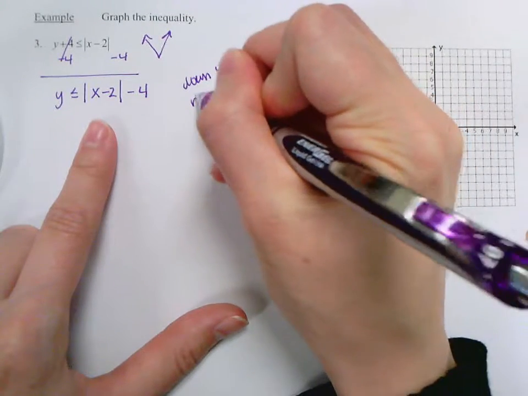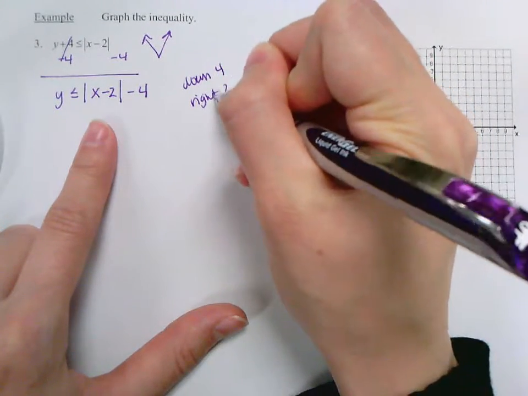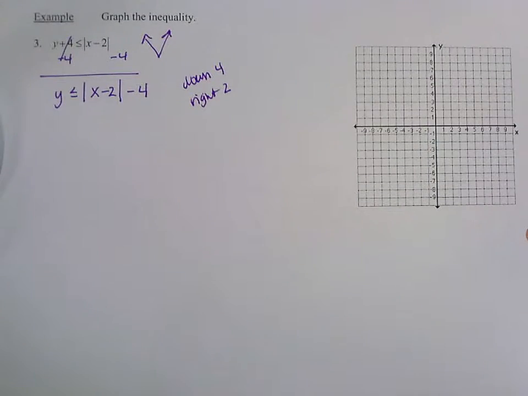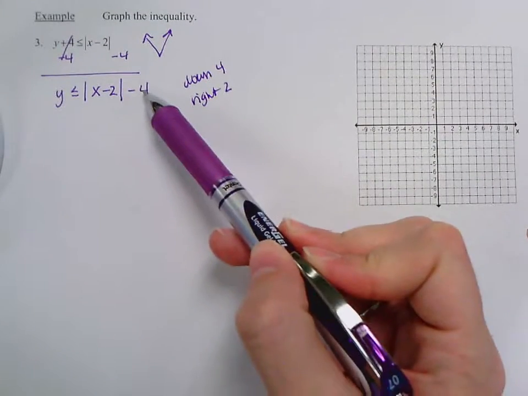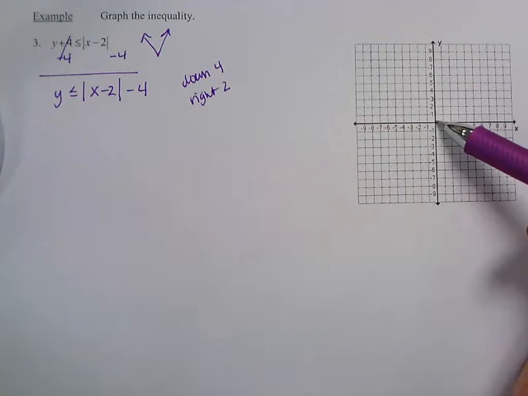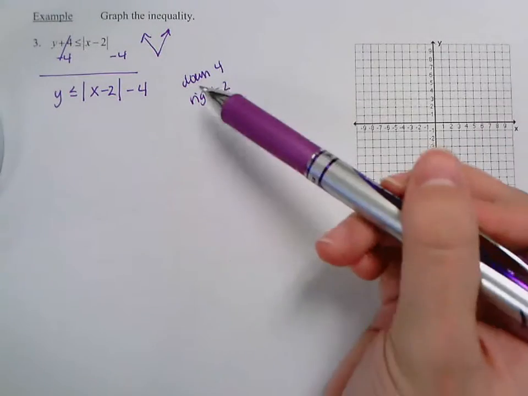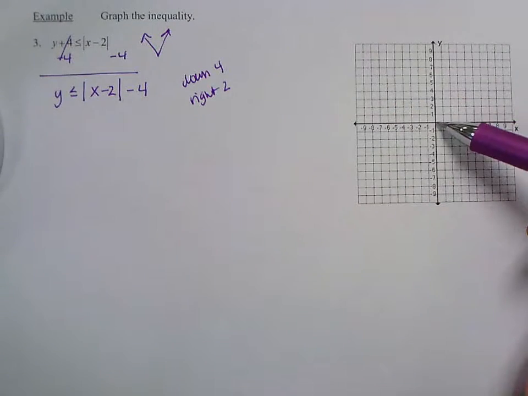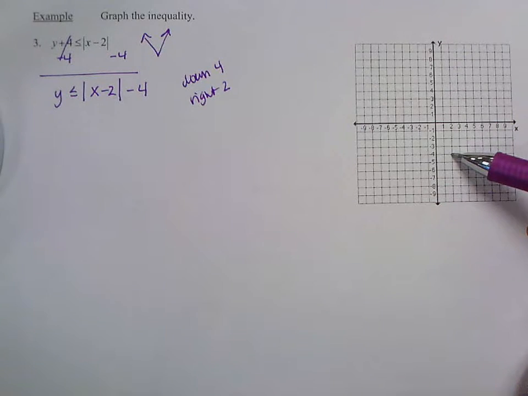It's going to the right 2. So if you think about this, normally the shifts, or the translations, I should say, that are left, right, up, and down, that's what's affecting the vertex of your absolute value graph. Normally the absolute value graph has a vertex at (0, 0). Now the vertex is being shifted to the right 2 and down 4.